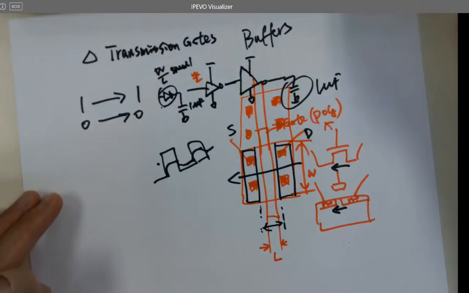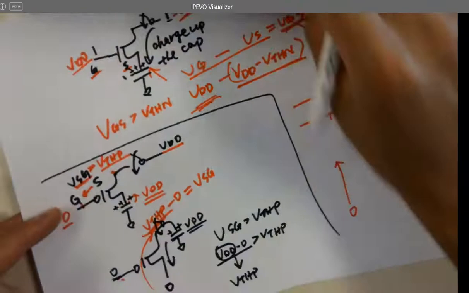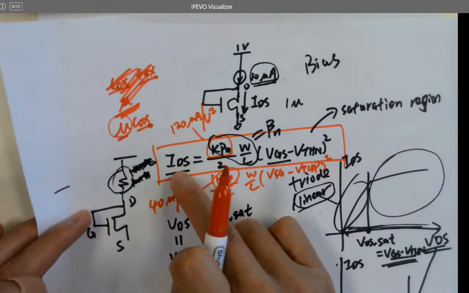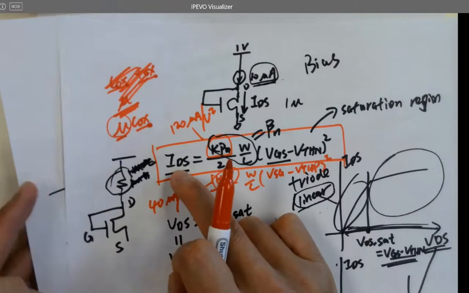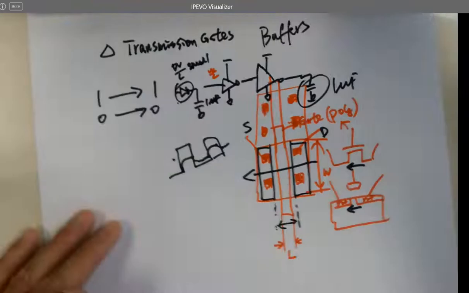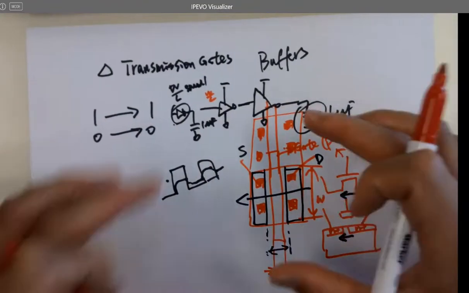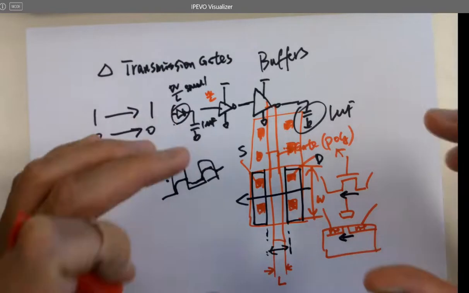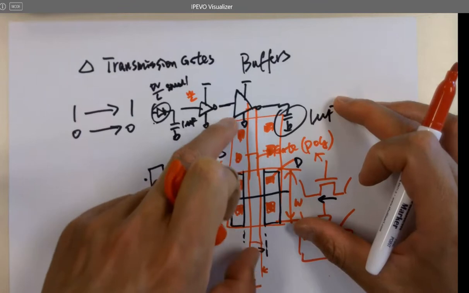And now we look at the square law equation. If you have a big width, are you getting a large current or small current? Yeah, large current. Okay. So in real world design, if you want to increase the driving capability of the devices, you want to use big length or width? Yes.